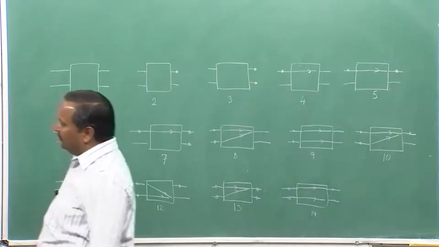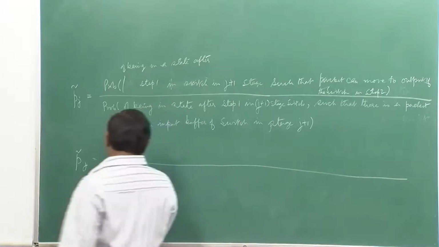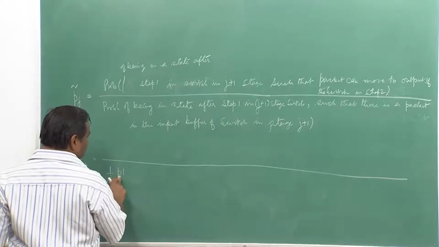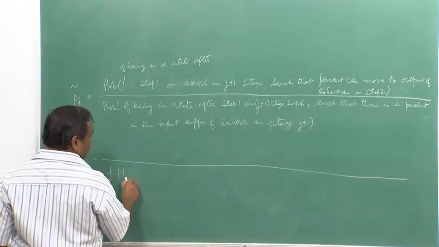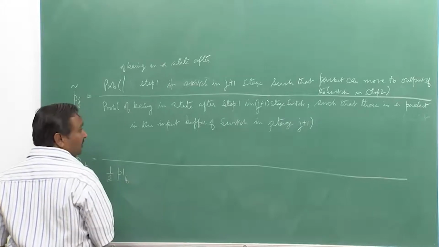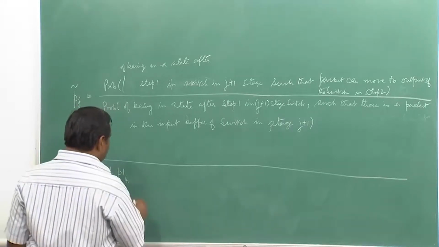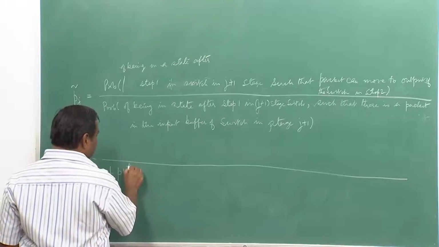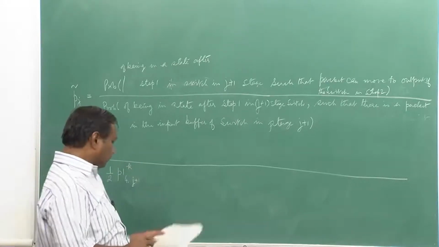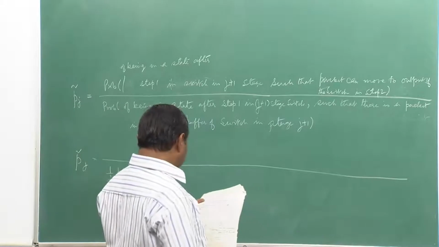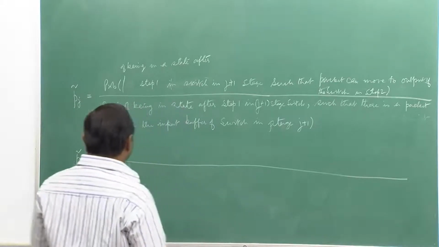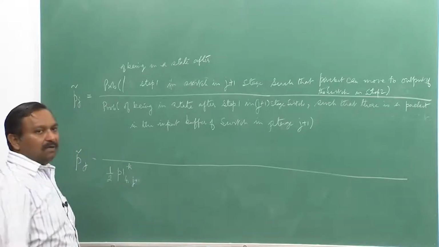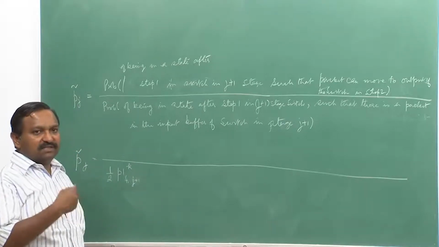So, I need to write down that it will be 1 by 2 P1 4, after step 1, being in state 4, stage j plus 1 in time step k, okay. So, with that probability you will have a packet at the output buffer of the switch in the jth stage.